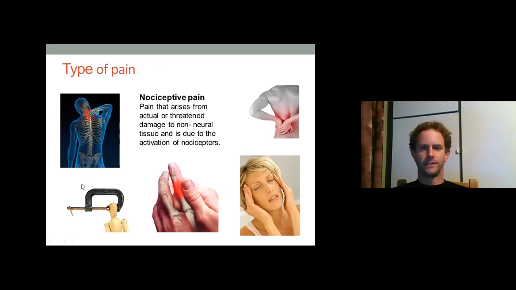So, as you all know, nociceptive pain is pain that arises from actual or threatened tissue damage. So that's your activation of your nociceptors. And this tends to be reasonably easy for patients to understand and talk to you about. They've broken their leg, it hurts, they understand that.